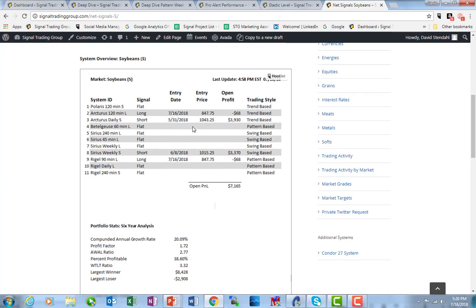We got two that are short, we got two that are long, and so what we are is protected. So as this market is basing, while we're waiting for the daily and the weekly system to either confirm that they're going to reverse to the upside and liquidate themselves, or the market's going to continue to slide here. I'm not sure which way it's going to be going because I'm not trying to forecast the market, but the systems are looking at this condition that we're under right now and saying, I'm going to protect, I'm going to hedge, I don't care what's taking place.